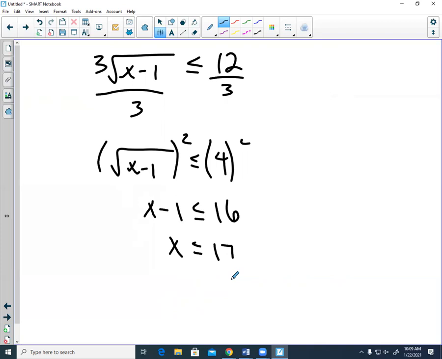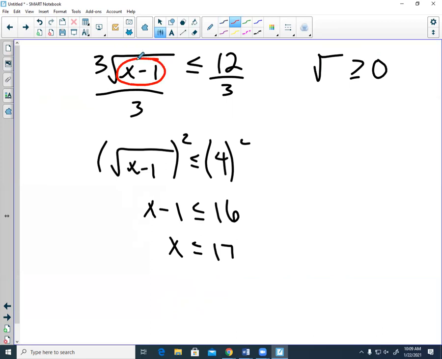So what you have to think is that your radical has to be greater than or equal to 0. Which means you have to find out which values will make your radical greater than or equal to 0. And really, the thing that you have to think about is this part right in here.